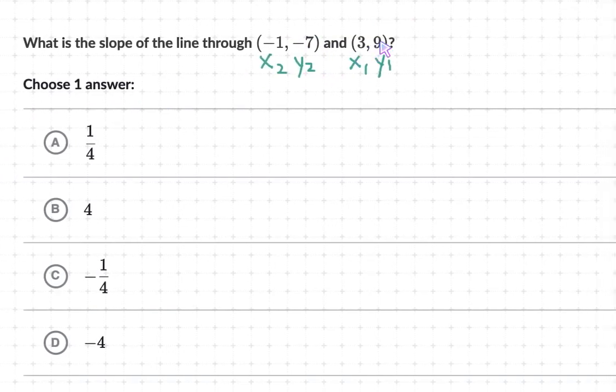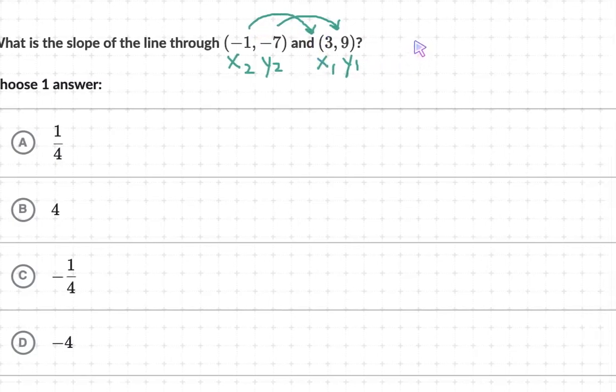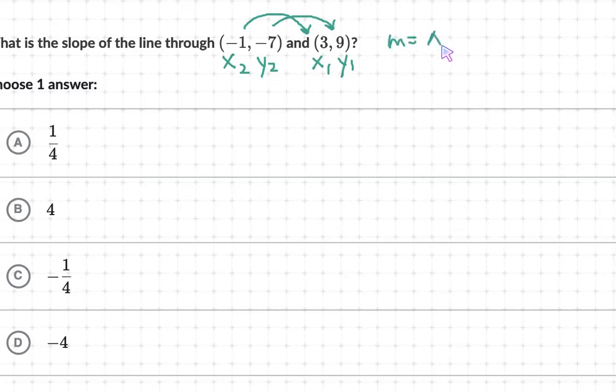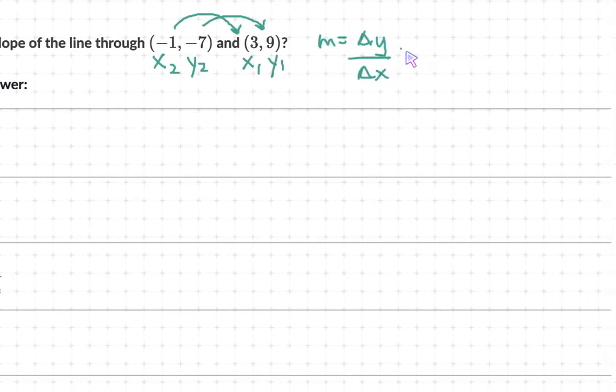All right, so slope is the change in y over the change in x when I subtract them. So let's see, if I subtract my y's this way, this would be negative 7 minus 9. And my x's have to follow the same order, so it's negative 1 minus 3.